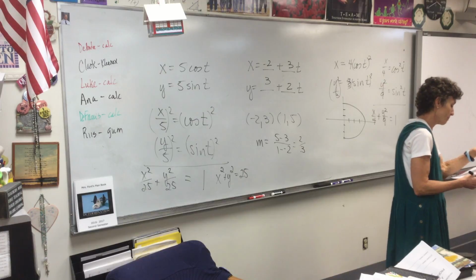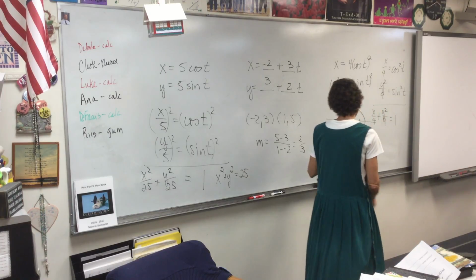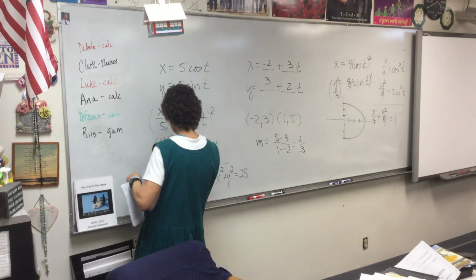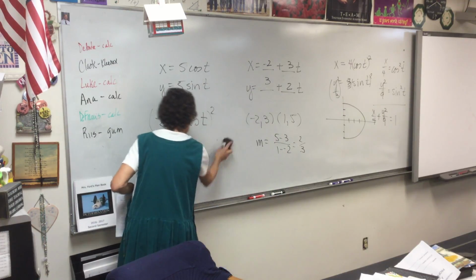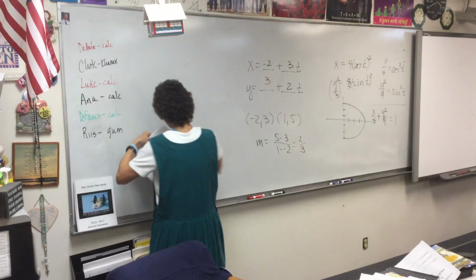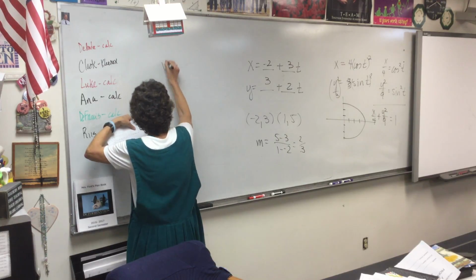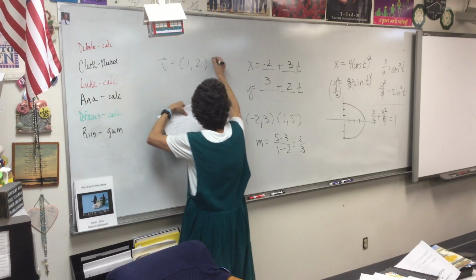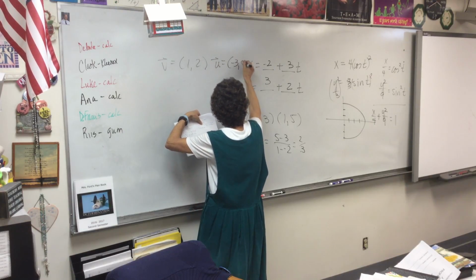Oh my gosh, number 19 for like the 12th time today. Find the measure of the angle between these two vectors. Here we go. Our vectors are <1, 2> and <-3, 5>.